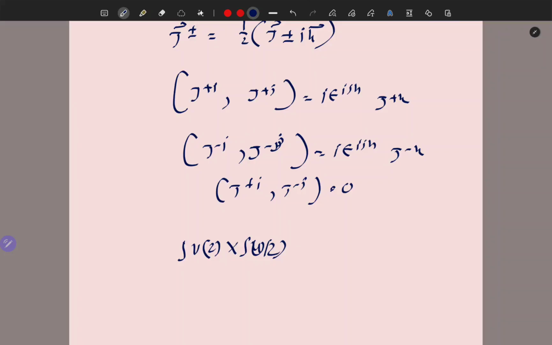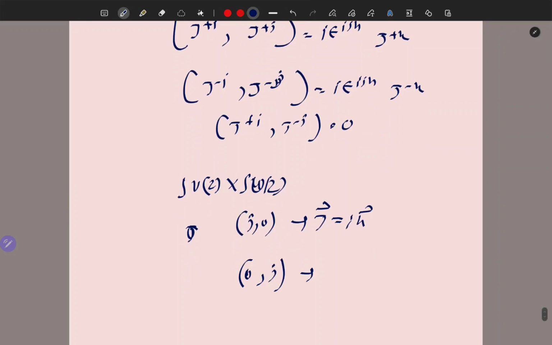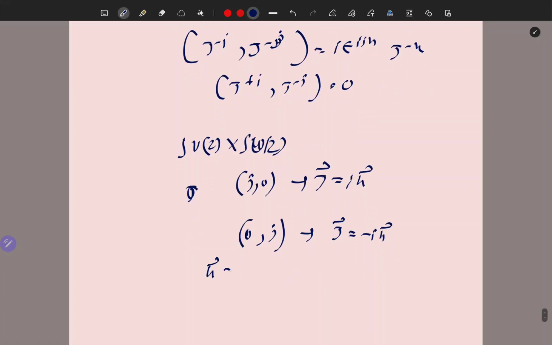The states transforming in a well-defined way will be labeled by j and j prime, corresponding to the Casimir of each piece. Then (j,0) corresponds to J vector equal to i K vector, and (0,j) corresponds to J vector equal to minus i K vector. As K involves the Lorentz boost, under parity K goes to minus K, and so (j,0) goes to (0,j).